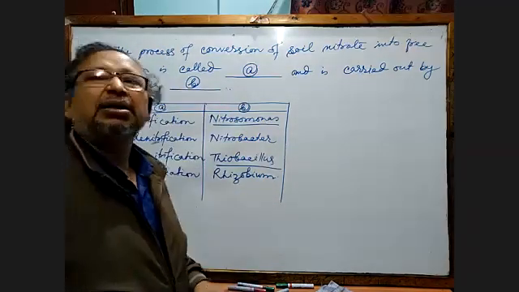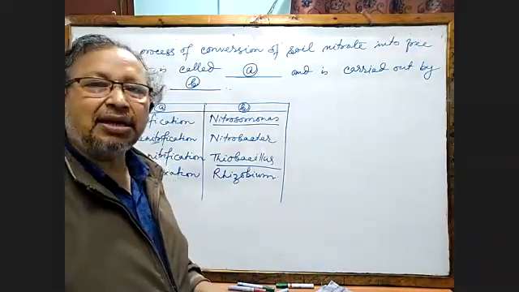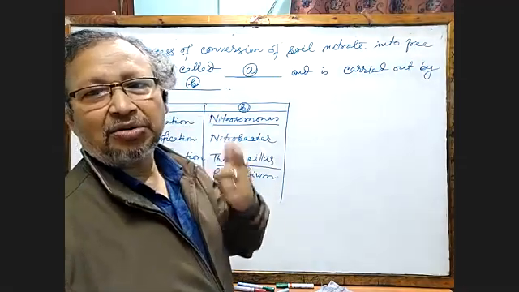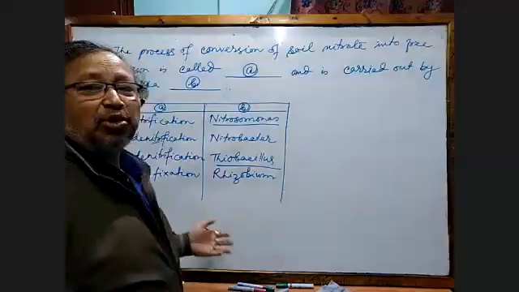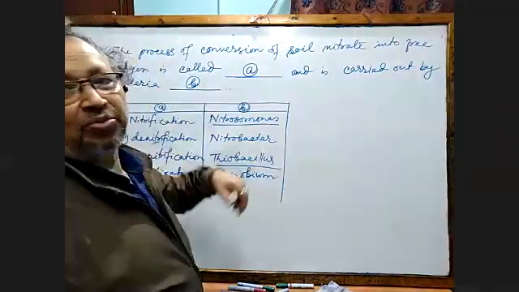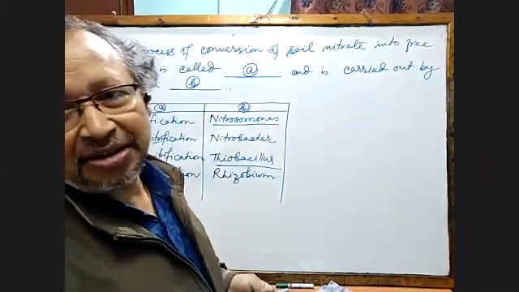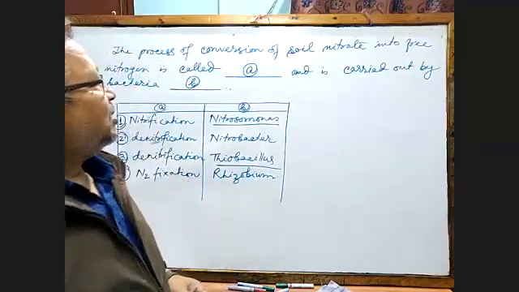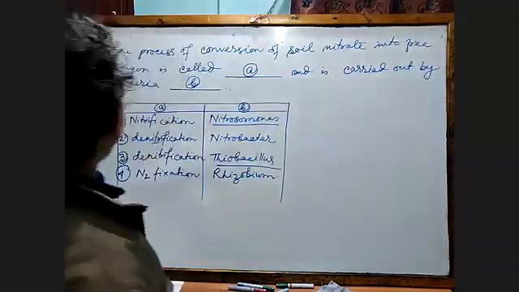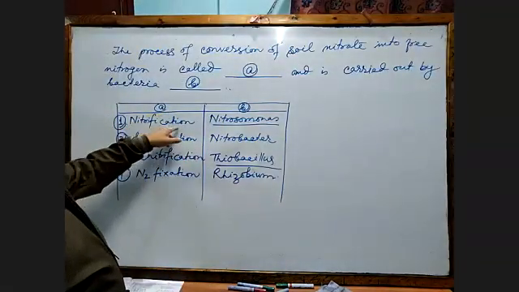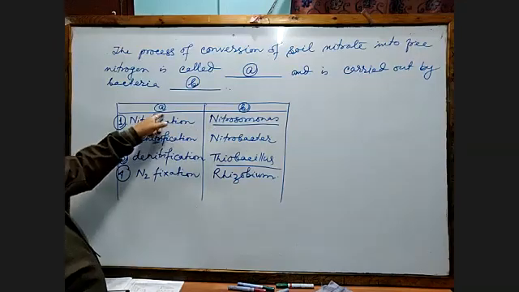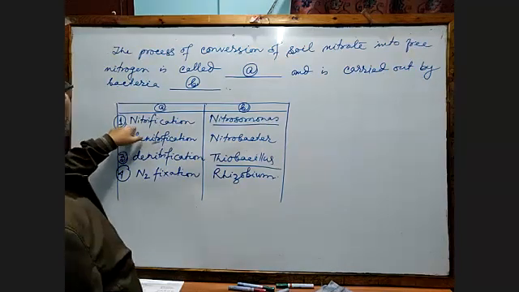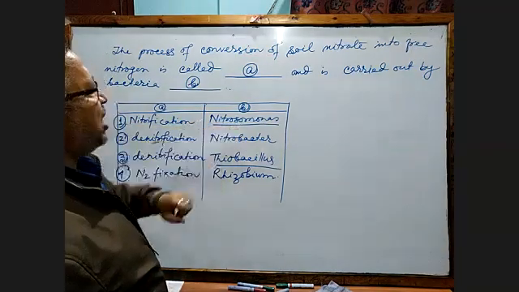So here this is the question. These questions are very easy, but here they require only your memory. So you have to remember which bacteria or which organism carries out a particular process. Here in option 1, A is nitrification, B is nitrosomonas.